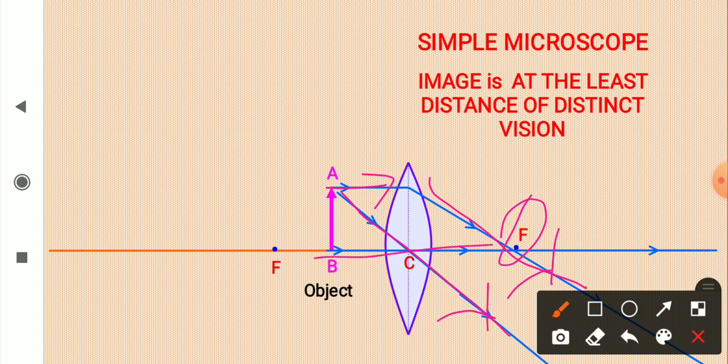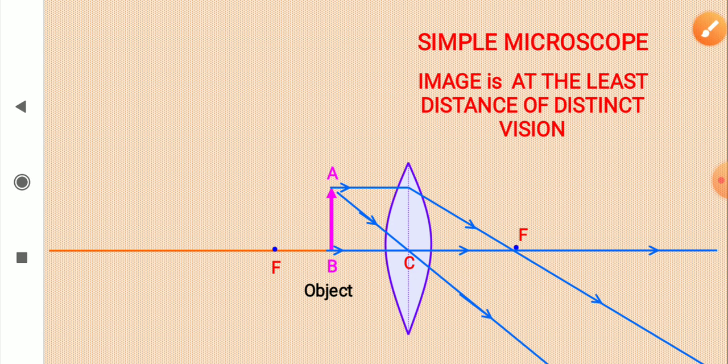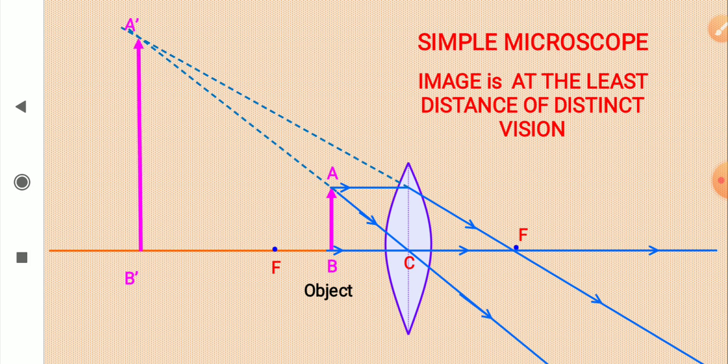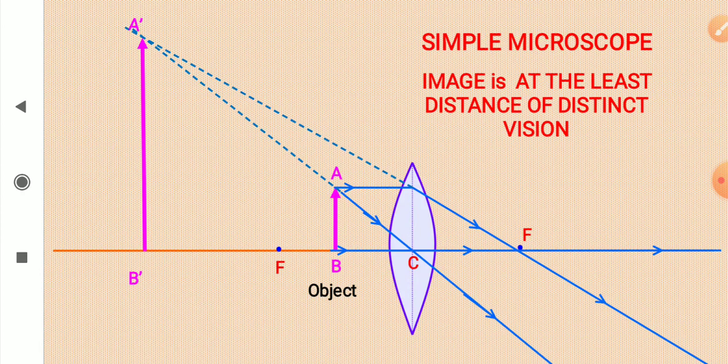And you know that rays passing through optic center do not deviate, and in this direction the rays are diverging, they cannot meet ahead, so you will extend them backwards. Produce the rays backwards to obtain a virtual and enlarged image. You see that. So you are familiar with this kind of image formation.